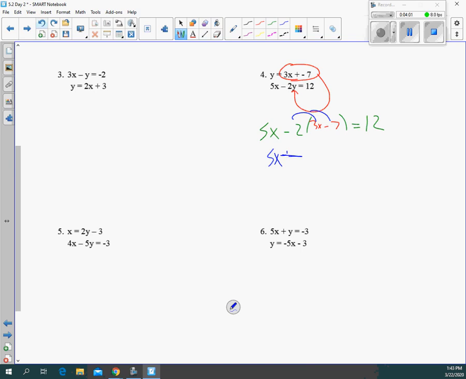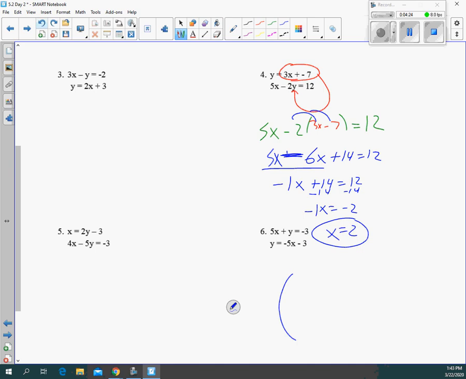Combine like terms, that's going to be negative 1x plus 14 equals 12. And I add minus 14 to both sides. Then negative 1x equals negative 2, so therefore x is equal to 2.